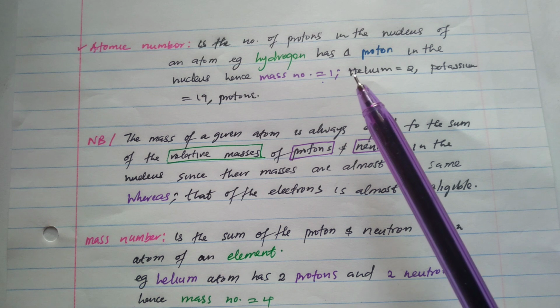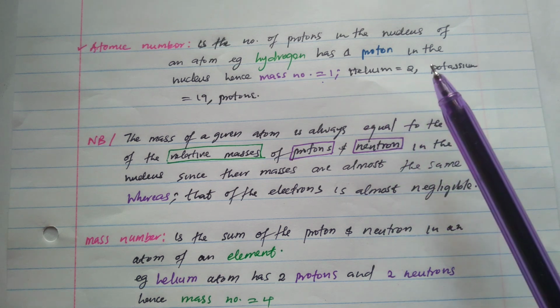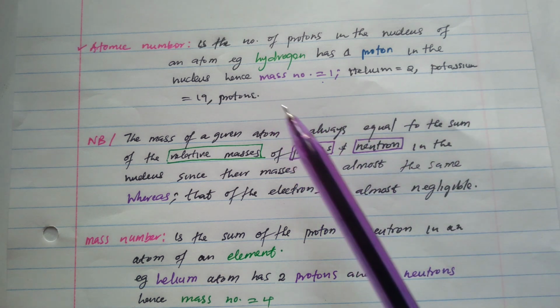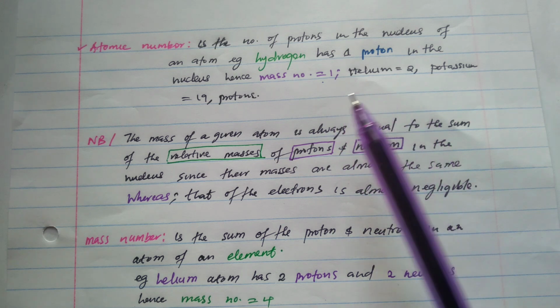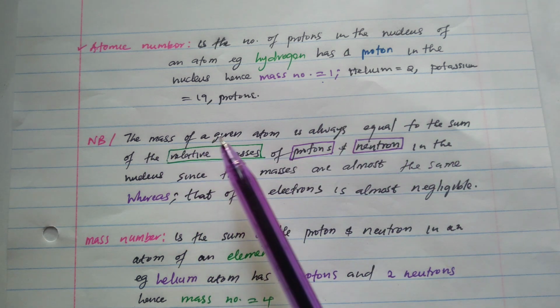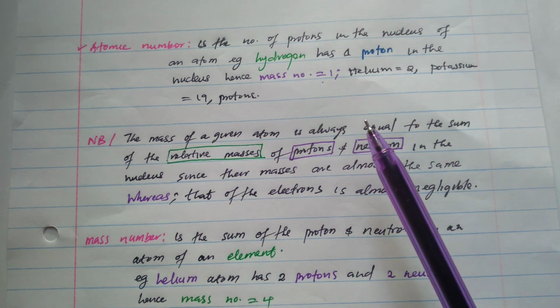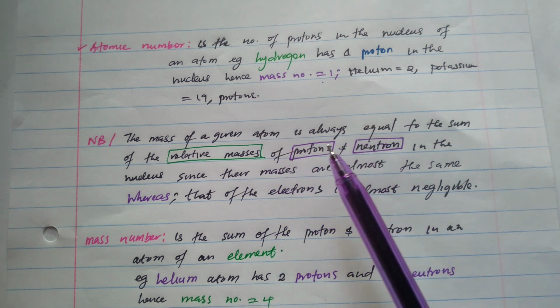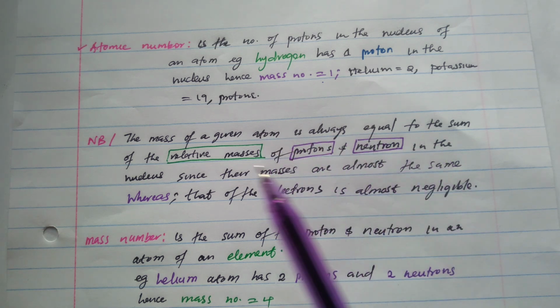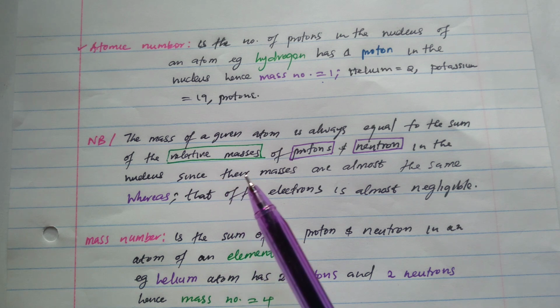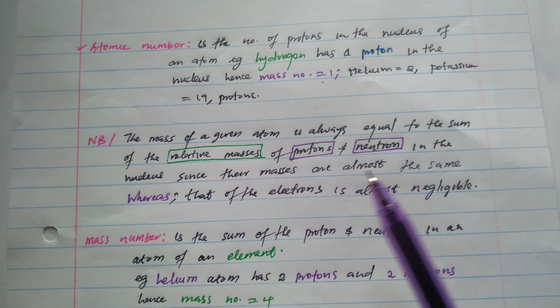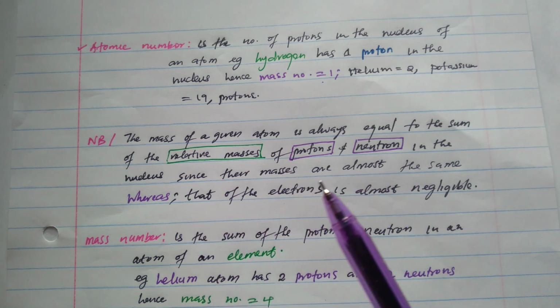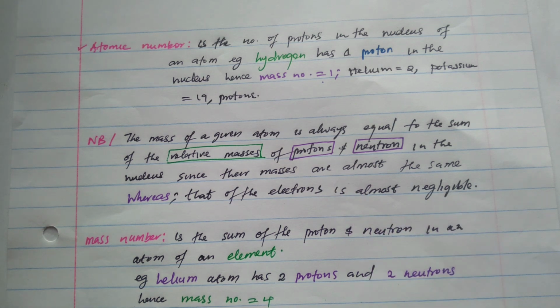Hence the atomic number is equivalent to 1. Helium has 2 and potassium has 19 protons. One thing you need to note is that the mass of a given atom is always equal to the sum of the relative masses of the proton and neutron in the nucleus, since their masses are almost the same, whereas that of the electron is almost negligible.